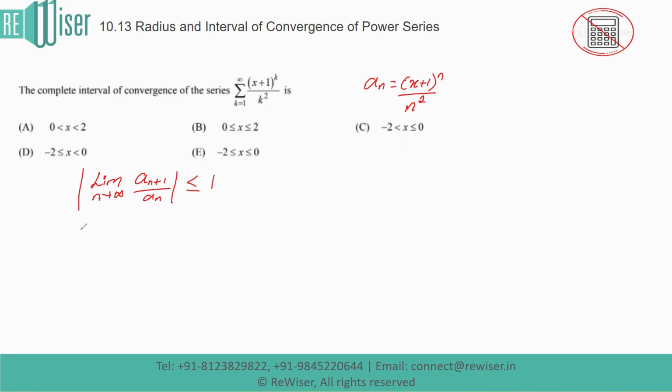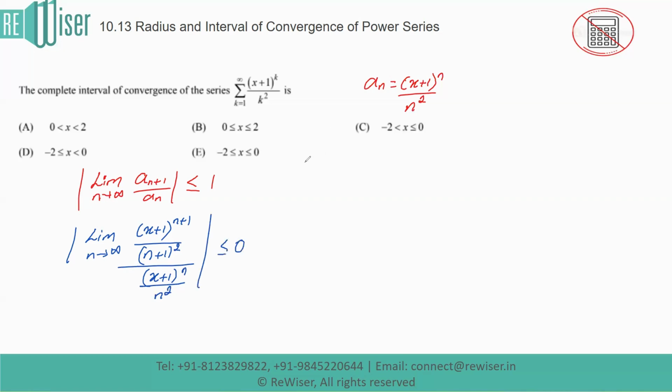So in that case, this is going to be the limit as n tends to infinity of a_(n+1), which is nothing but (x+1) to the power of n+1 divided by (n+1) squared, and the entire thing divided by a_n, which is nothing but (x+1) to the power of n divided by n squared.